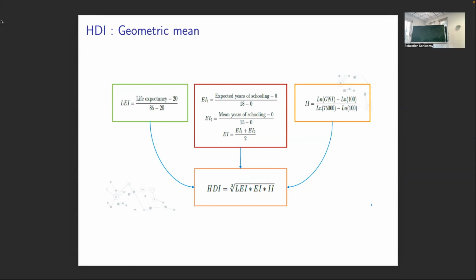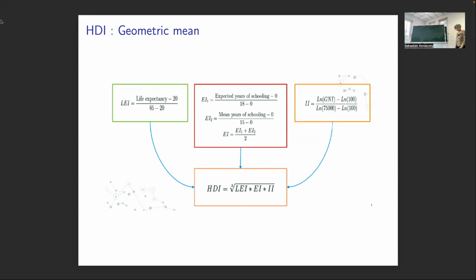And for the GNI, where you have big differences between countries, they first wanted to do a transformation with the ln function, a logarithmic approach, because the utility function is not linear, and then they again use the min-max normalization.